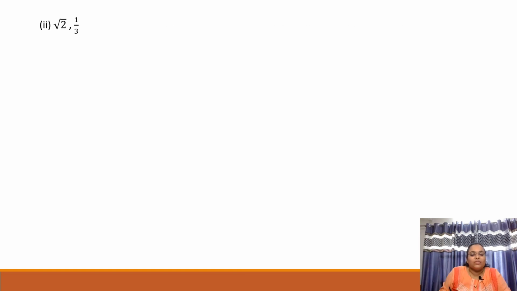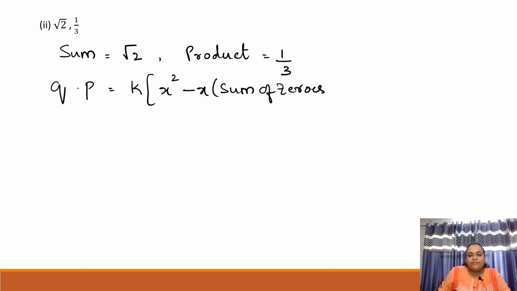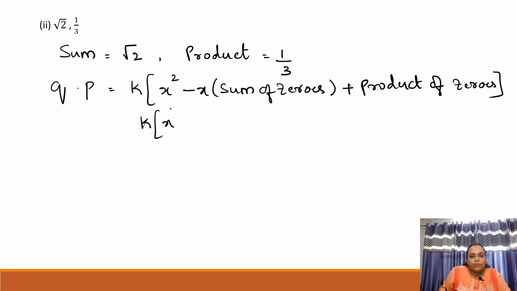Clear? So in the same way, they have given sum of zeros is equals to root 2 and product of zeros is equals to 1 by 3. So we need to find the quadratic polynomial, right? What is it? K multiplied to x square minus x of sum of zeros plus product of zeros. So K of x square minus x of, what is sum of zeros?